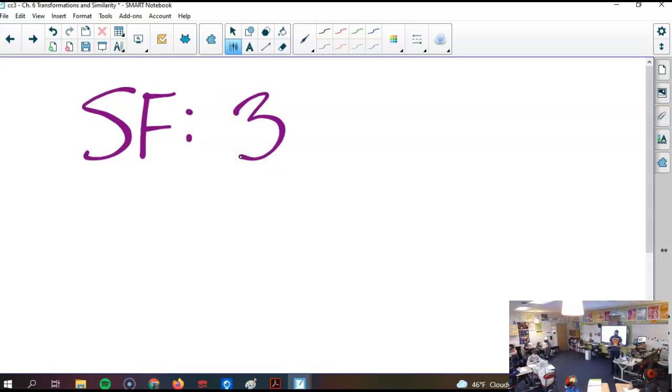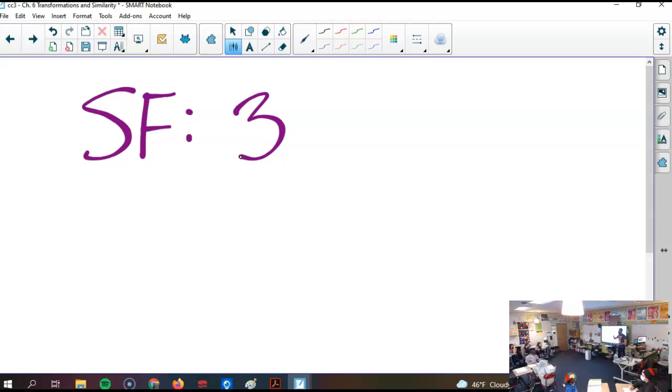So you got hands, right? I will do random cards, but I will take a hand if someone wants to volunteer to try to answer this. When we scale by 3, Patrick, what do you think happens to the area? It multiplies by 6. No. Jordan? It multiplies by 9.